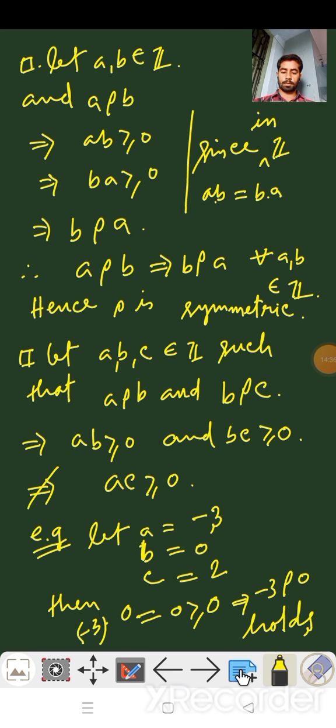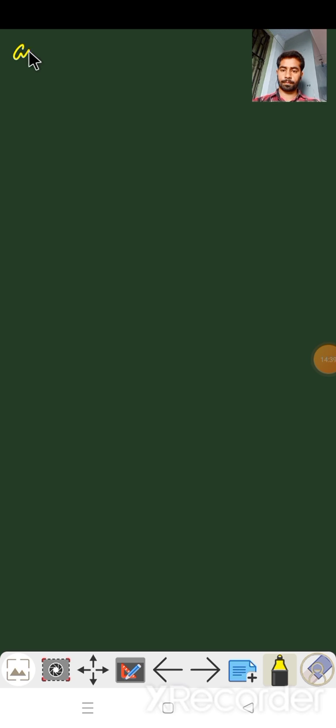And b times c, that is 0 times 2, equals 0, which is again greater than or equal to 0, which implies that 0 is related to 2.